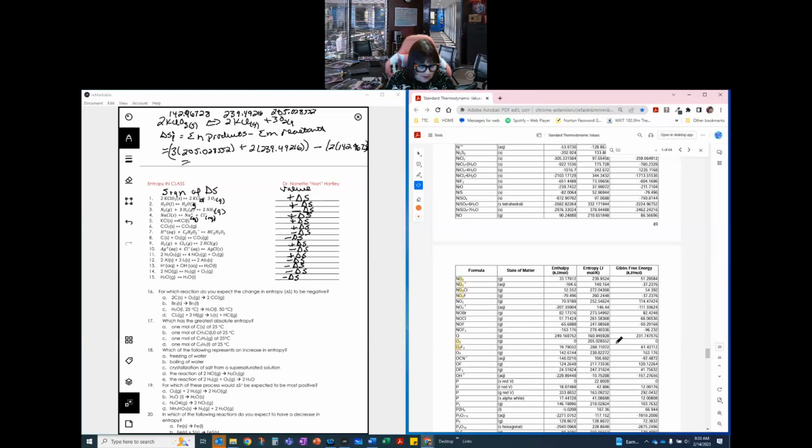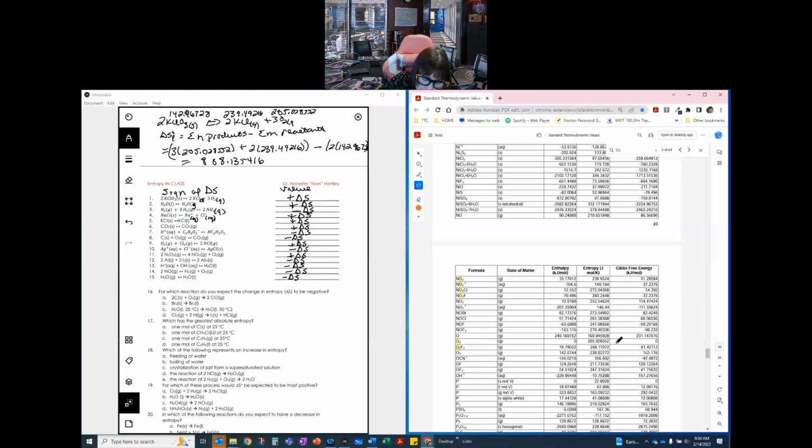That's going to be equal to 3 times 205.02852 plus 2 times 239.49216, and then I'm going to subtract 2 times 142.96728. And it gives me 808.135416. And that's a happy value, right?